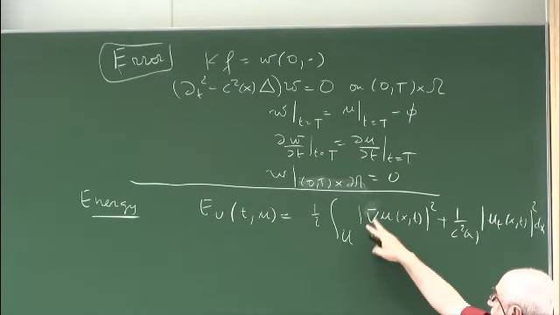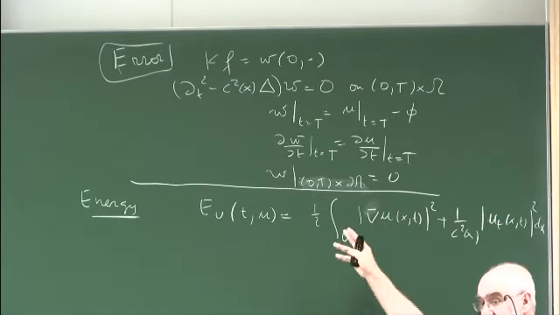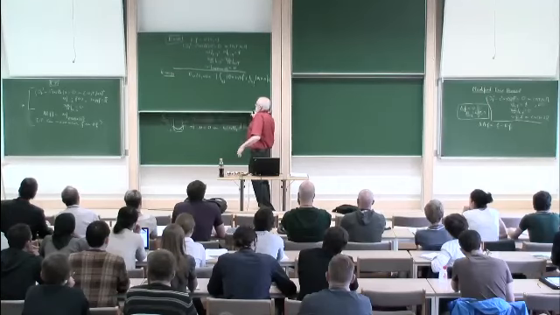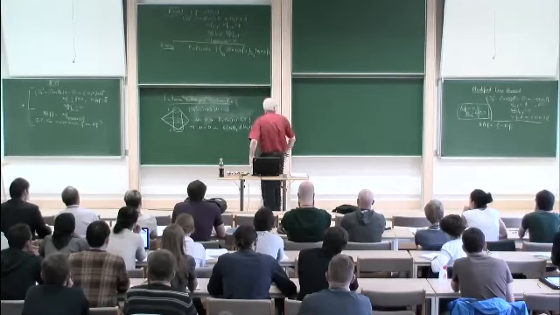So you're trying to minimize this for all u with certain boundary value, and the solution of that is a standard Laplacian, the solution of this elliptic boundary value problem. So that's the idea.